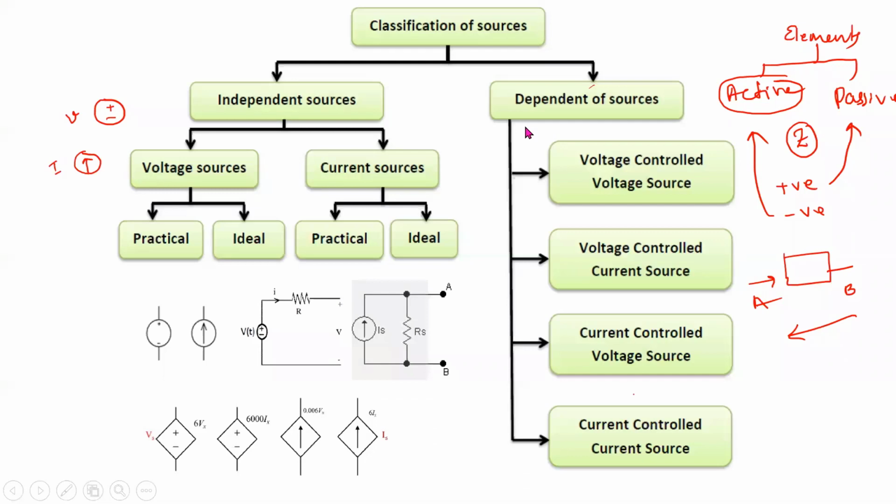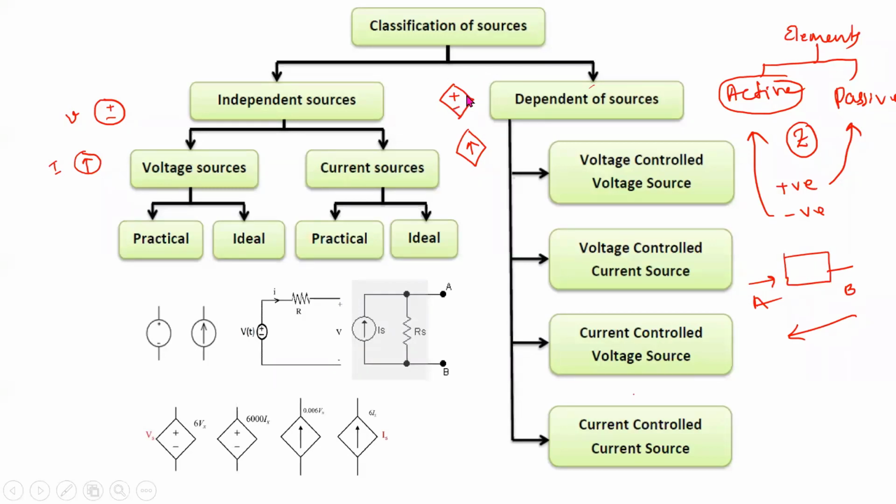Similarly, for dependent sources, a rhombus should be used. Inside the rhombus, either positive and negative signs or an arrow mark should be used.